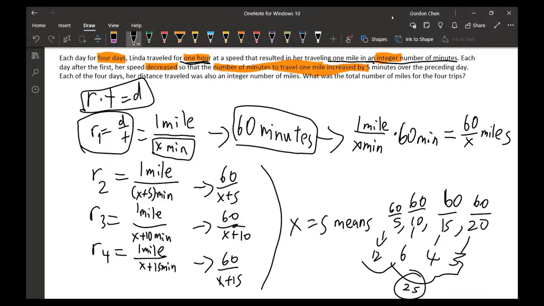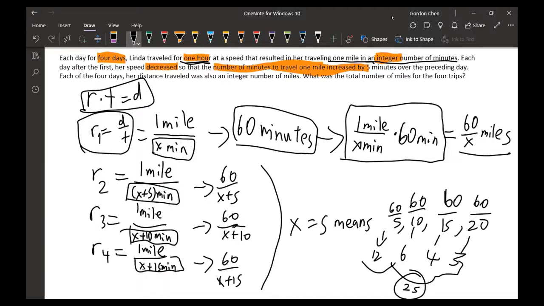The units of minutes cancel out, so she travels 60 over x miles on the first day. On the second day it's x plus 5 minutes, then x plus 10 minutes, and x plus 15 minutes. So this is 60 over x, 60 over x plus 5, 60 over x plus 10, and 60 over x plus 15.